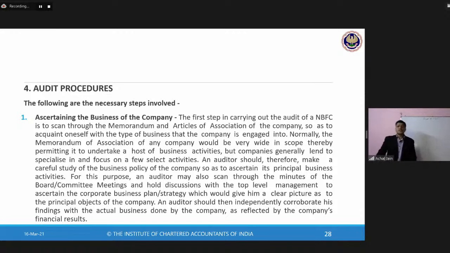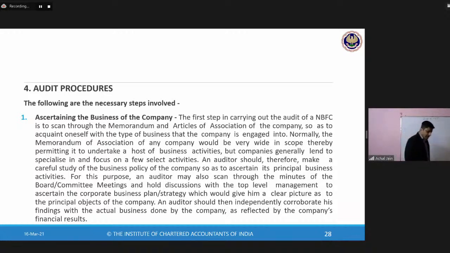The overall process for accrual of expenses. All of these areas will help the auditor to understand what risks are possible in relation to various processes of the NBFC. And as against this, the auditor will also be looking at the fraud risks.